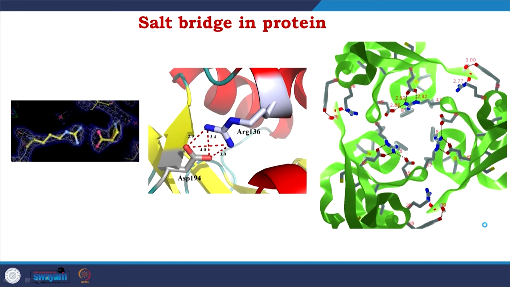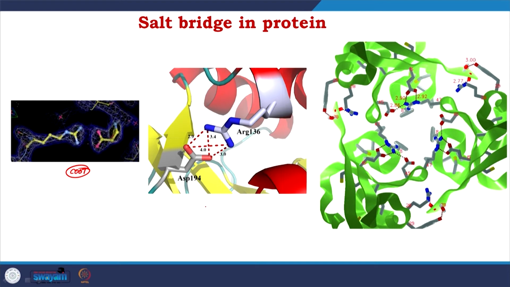So, these are different examples of salt bridges in protein. This is presented in a crystal structure where you see the electron density. This is presented by a software, COOT, which we will discuss. Then this is a glimpse where one arginine and one aspartate are developing a salt bridge.